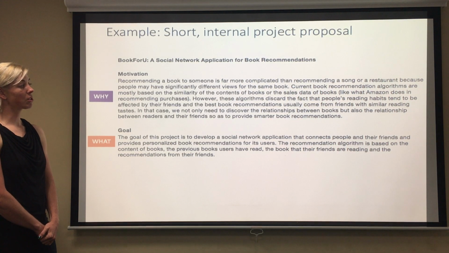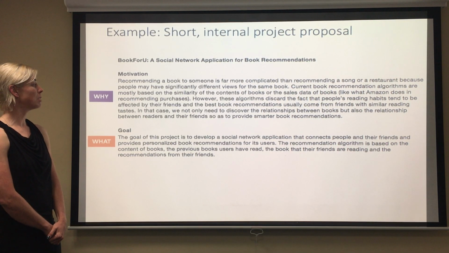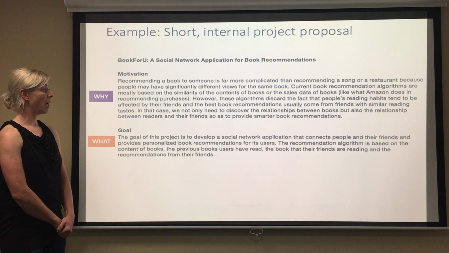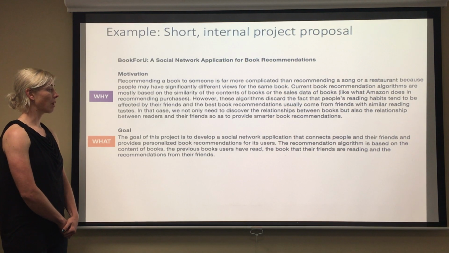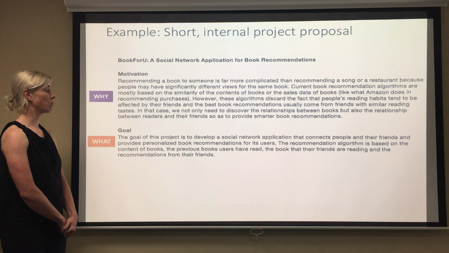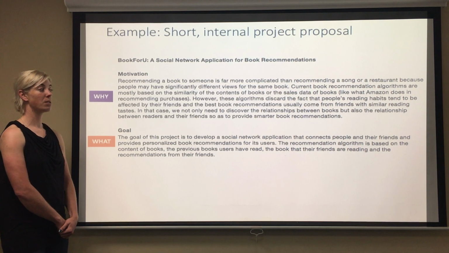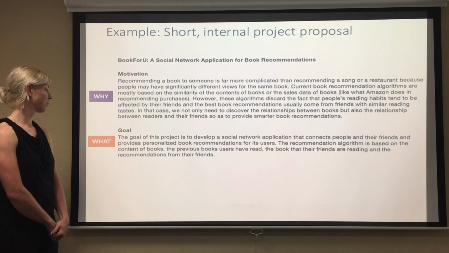However, these algorithms discard the fact that people's reading habits tend to be affected by their friends, and the best book recommendations usually come from friends with similar reading tastes. In that case, we not only need to discover the relationships between books, but also the relationship between readers and their friends so as to provide smarter book recommendations.